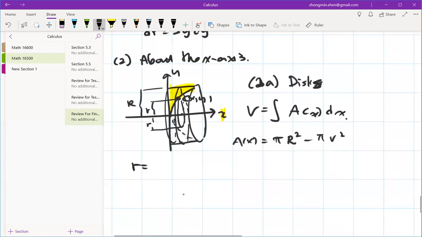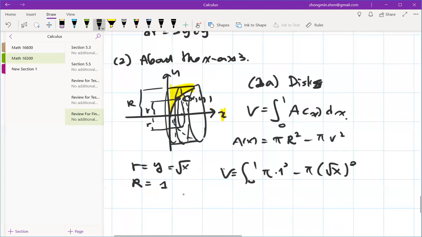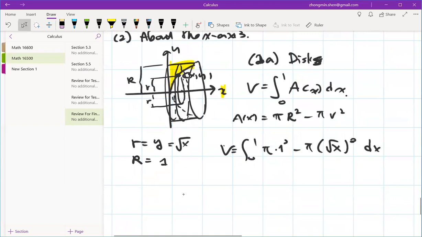So little r is going to be y, right? Capital R, so y is square root of x. Capital R is always equal to 1. Okay. So then the volume is going to be the integral of pi 1 squared minus pi (square root of x) squared dx.